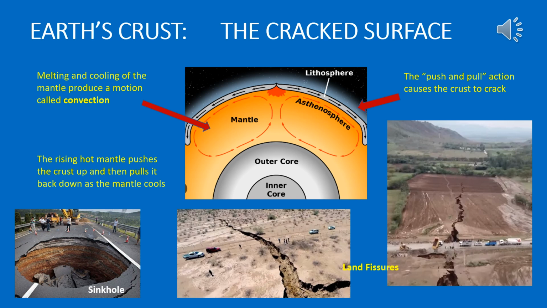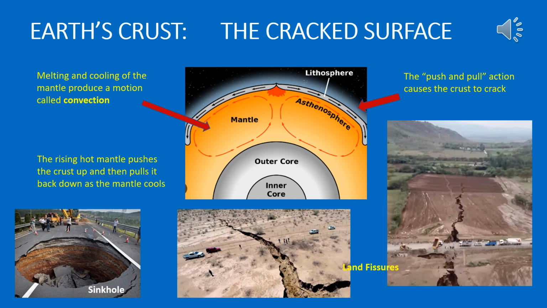The lithosphere layer is prone to getting cracked and in some cases produces sinkholes. Let's discover how and why this occurs. Have you heard of convection? Well, convection is when something hot rises and then sinks when it cools down.